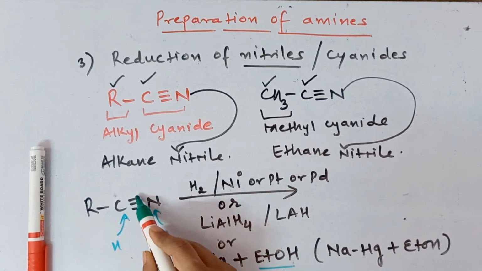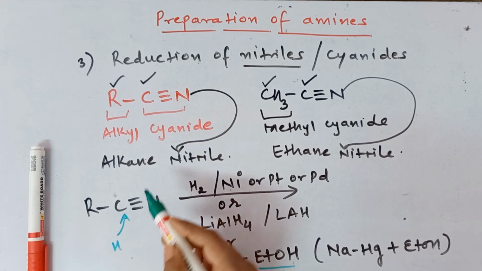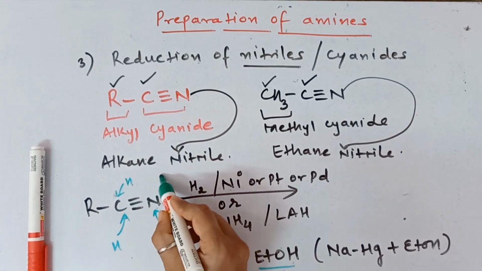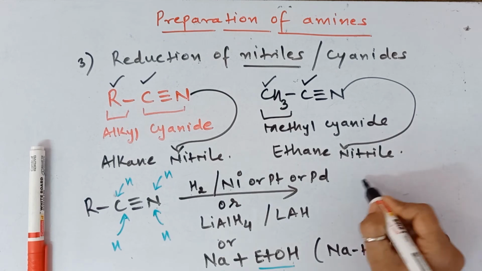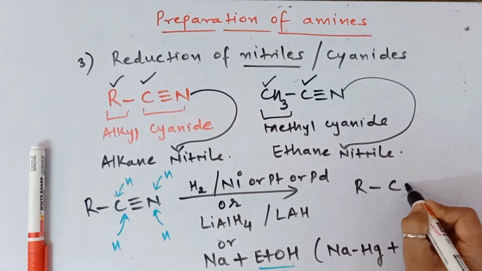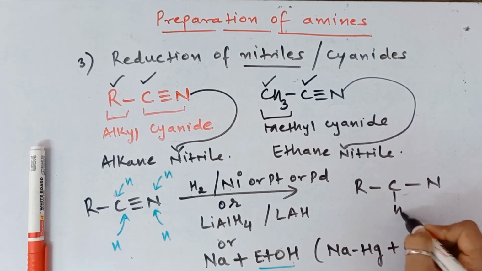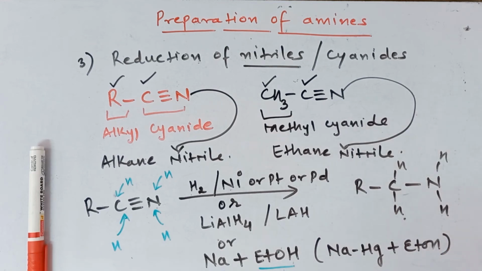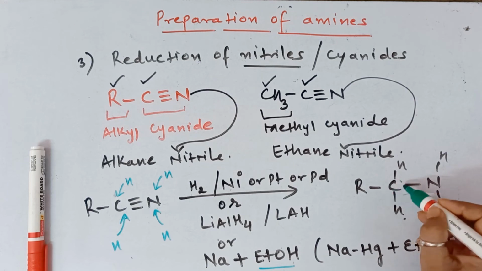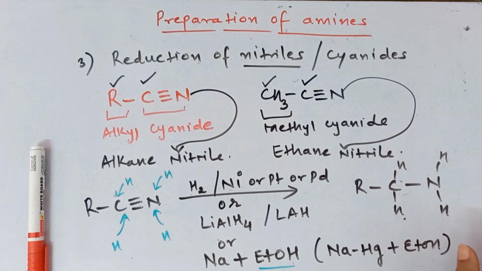So we are going to add four hydrogens in total. As a consequence, we get the product RCH2NH2. That becomes your amine, and it is a primary amine. A primary amine is the one in which the nitrogen is attached to one carbon atom.